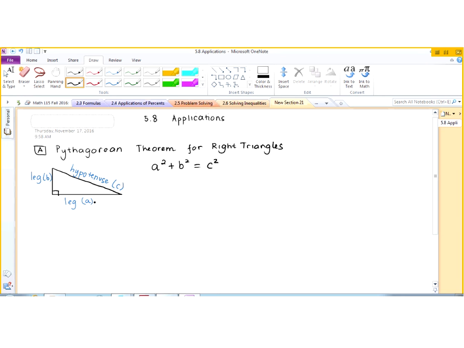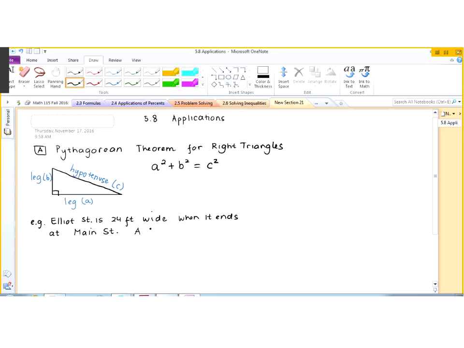So for example, Elliott Street is 24 feet wide when it ends at Main Street.